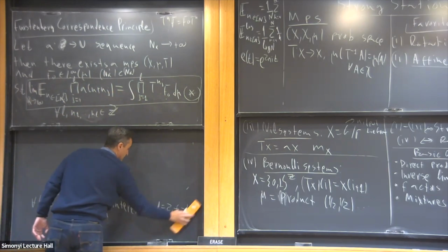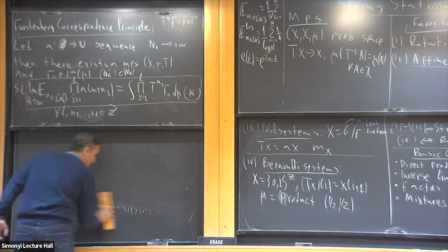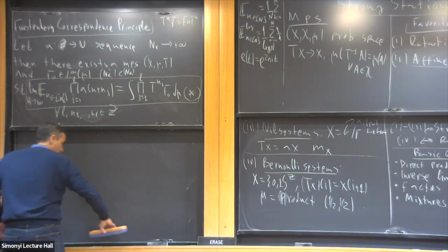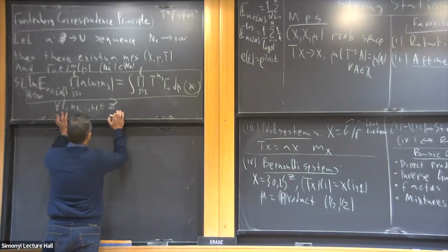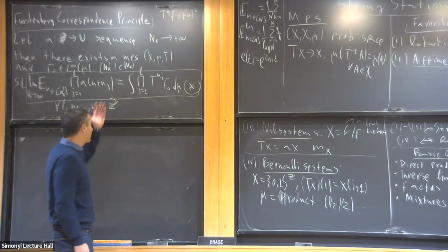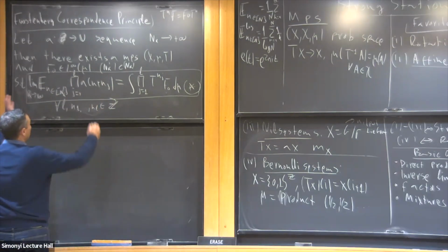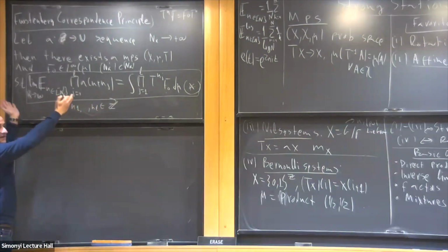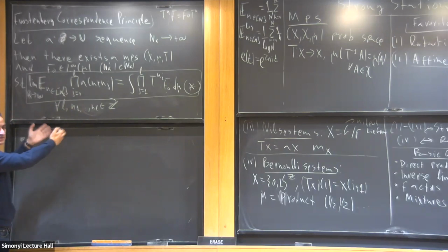Let me make some remarks and then I will give you some examples of Furstenberg systems. So first of all, given a sequence, we call any such system a Furstenberg system of the sequence.